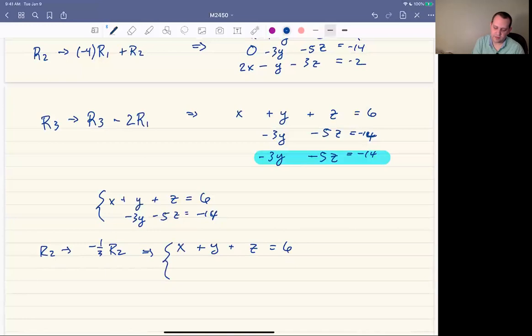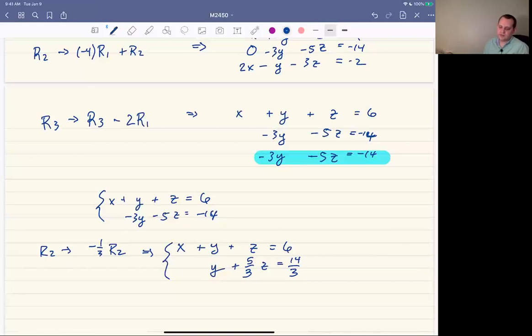Then negative 1/3 of the second equation gives us 0x plus y plus 5/3 z equals 14/3. So that's a 5/3 there. So far, so good, I hope.